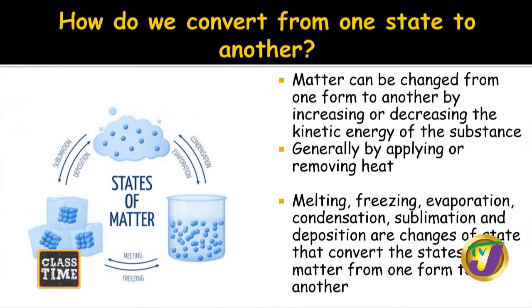It changes directly to a gas. Now, what is that process called, where it changes directly to a gas without going through the liquid phase? That process is called sublimation. So we say then that iodine and dry ice sublime.